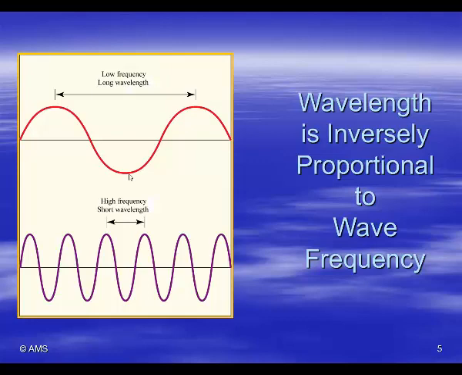We see that the long waves have a few wavelengths per second, so they have a low frequency. Short waves have many wavelengths per second, they have a high frequency. So the wavelength is inversely proportional to the wave frequency. If the wavelength is long, the frequency is low. If the wavelength is short, the frequency is high.